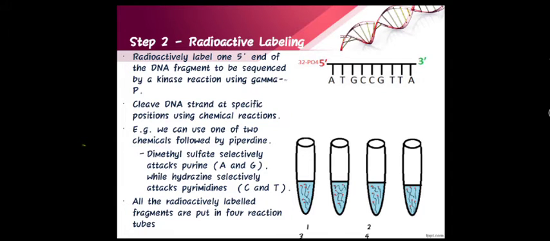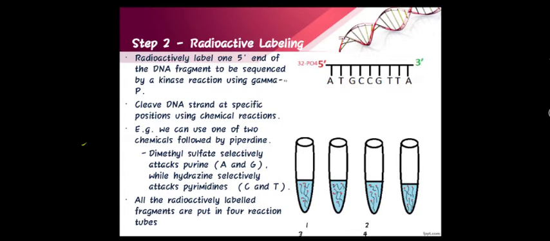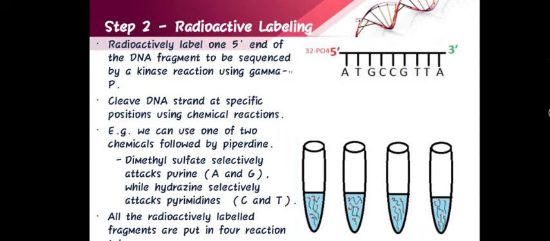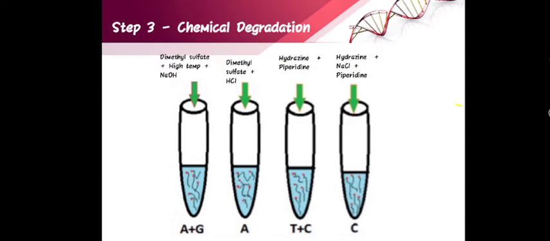So dimethyl sulfate selectively attacks the purines, which is the adenine and guanine, and hydrazine will selectively attack the pyrimidines, that is cytosine and thymine. All the radioactively labeled fragments are then put into 4 reaction test tubes. So each reaction test tube will be used to identify each base.